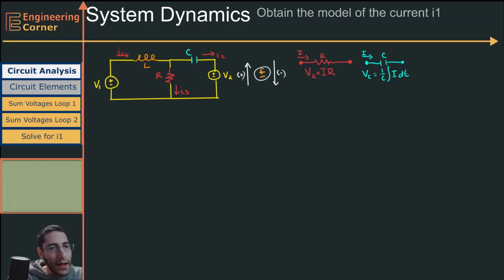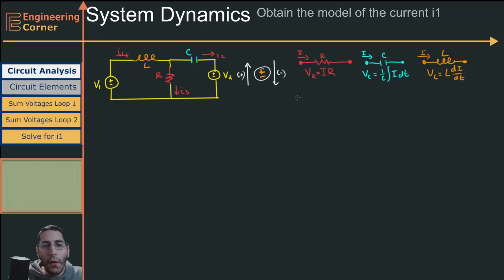And finally, I have this inductor, with some inductance and a current. The voltage over this inductor is going to be L times di dt.